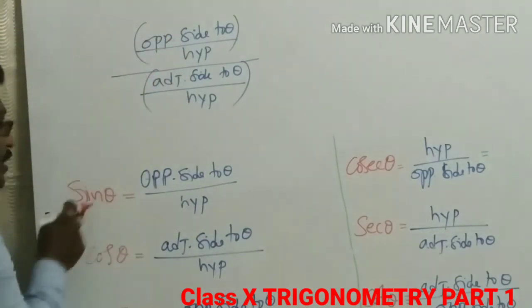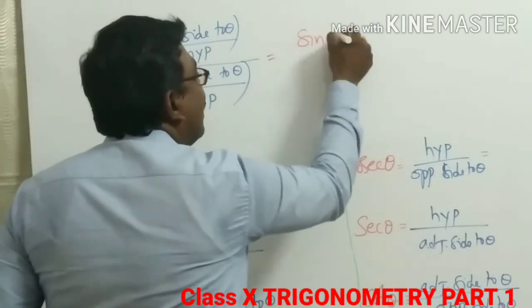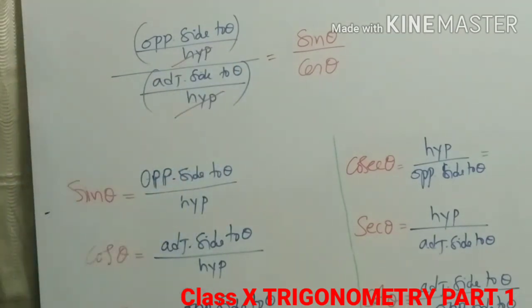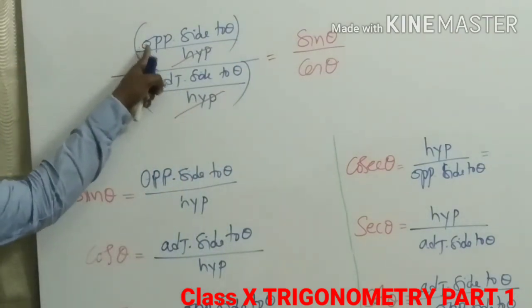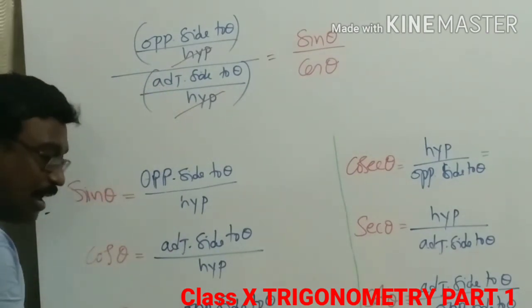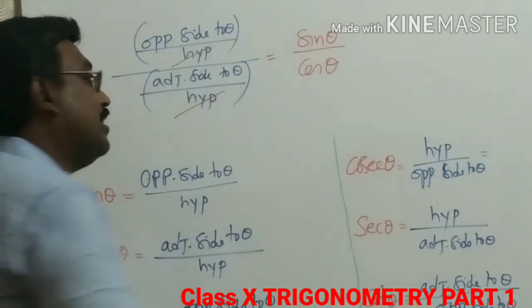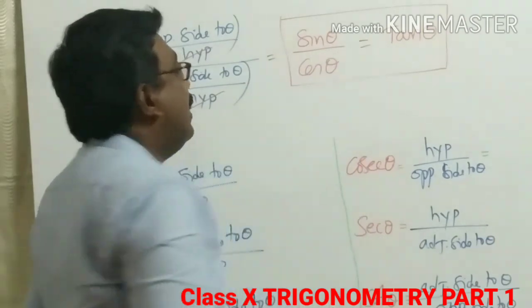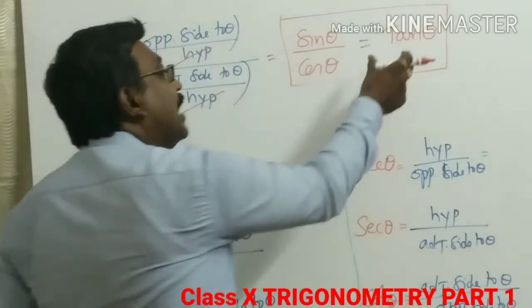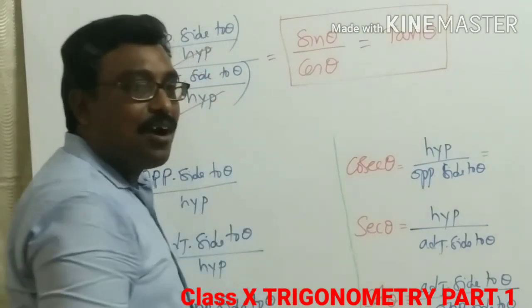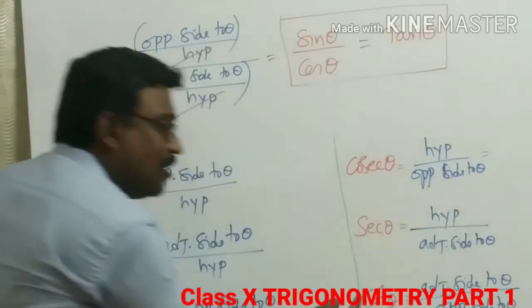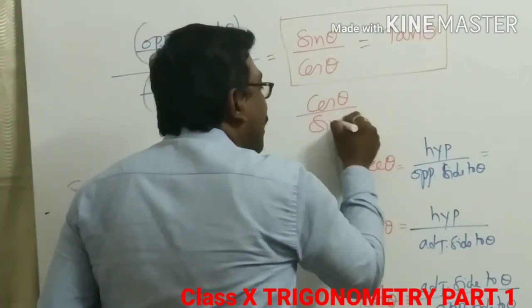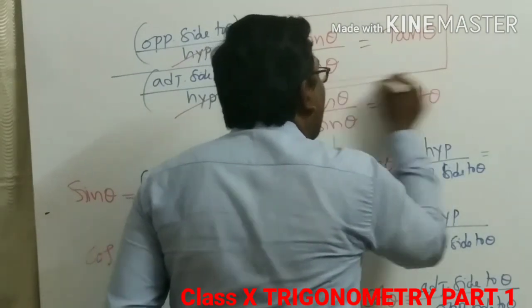Opposite by hypotenuse is nothing but sine, and this is nothing but cos. If you cancel hypotenuse and hypotenuse, what is left? Opposite by adjacent, this is nothing but tan. So we derived one more formula: tan theta is equal to sine theta by cos theta. Cot is reciprocal to tan, so we can write cos by sine is equal to cot theta.